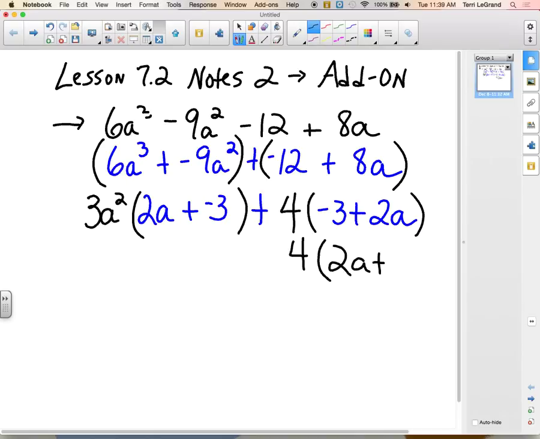We would have 2a plus negative 3, right? Can we do that? Yeah. Before we started, I switched my 8a and my 12. So if you switch them around, then it comes out like this, doesn't it, Trey? Okay, so by putting it in standard form, it would have come out.